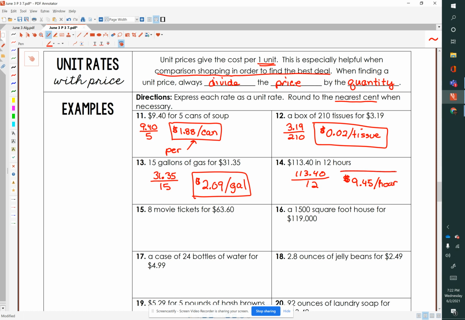Maybe they did a lot of babysitting over the summer. Number 15, 8 movie tickets for $63.60. Remember, the money is on top and the quantity is on the bottom, and that would be per ticket, you would be paying $7.95 per ticket.